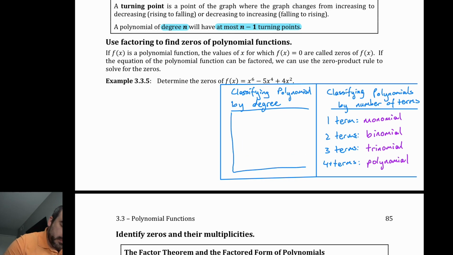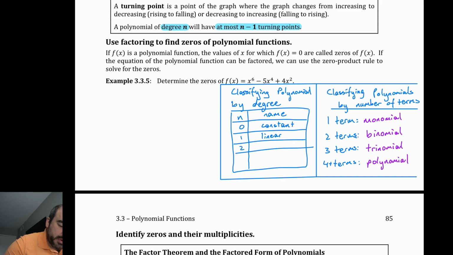The name for a polynomial where n is 0 will be a constant. If n is 1, we have a linear polynomial. If n is 2, we have a quadratic, which we've kind of talked about.